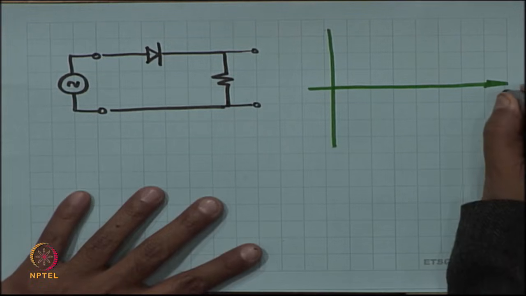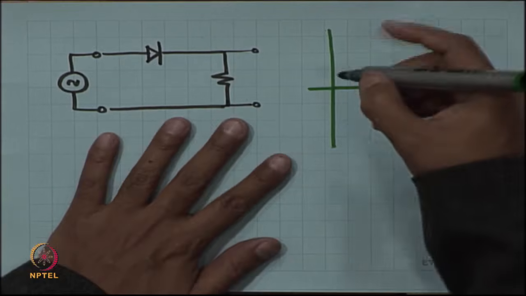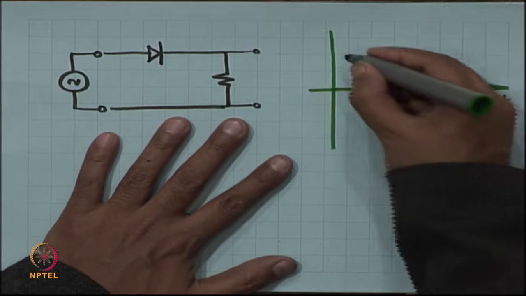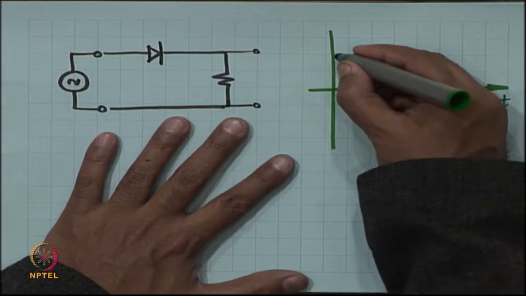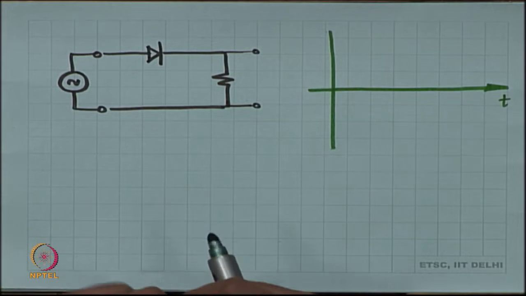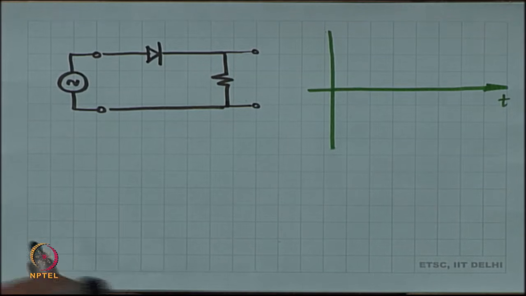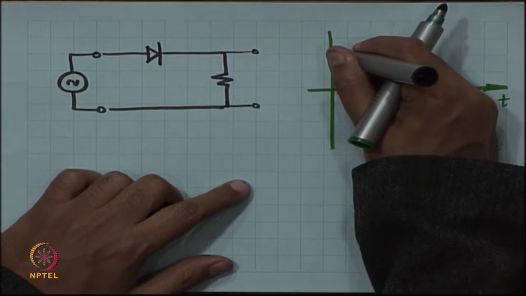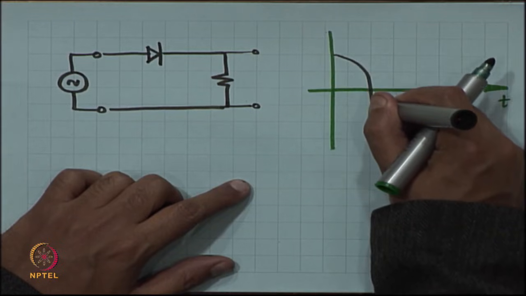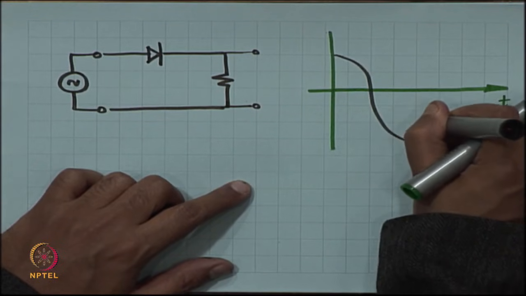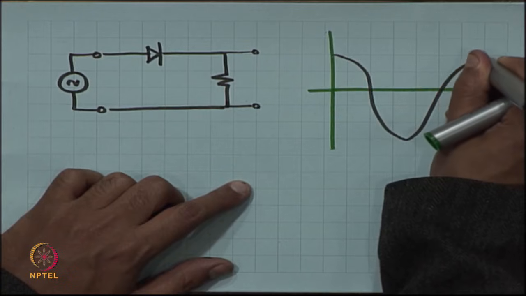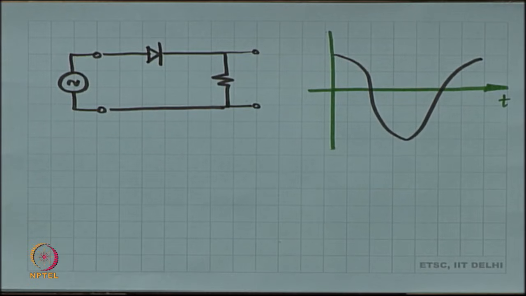Okay. So, this is time, and the input voltage is a cosine that looks like this.